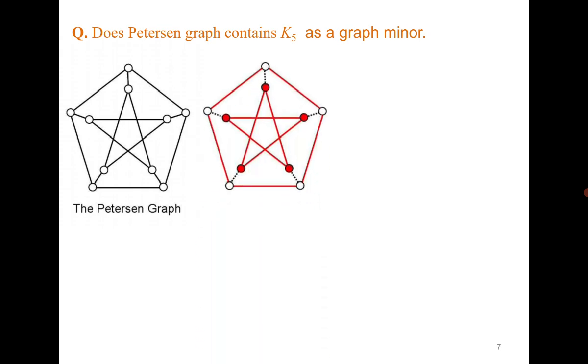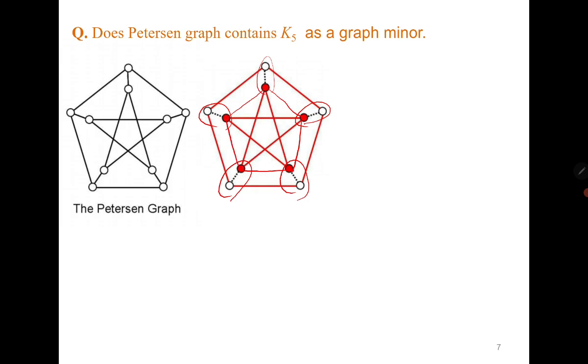And if you observe this, then you need to contract the following edges now. So these 5 edges, and once you contract them, then because of this contraction, it will be adjacent here, there, there, there, and there.